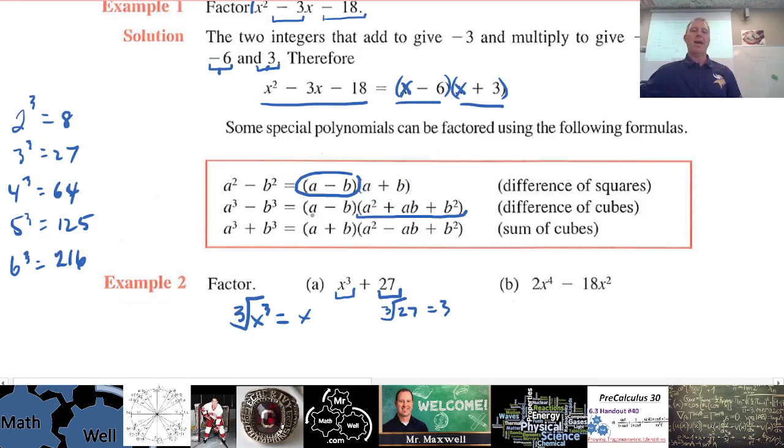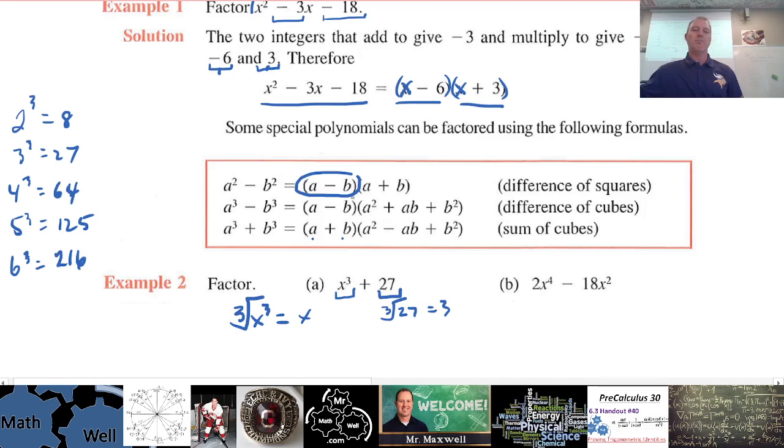But you're going to have a squared as the term in both the sum and difference of cubes. You're going to have ab, the multiplication of the cube roots, for the middle term. And you're always going to have b squared as the last term. Okay. The only thing that's different is the signs.